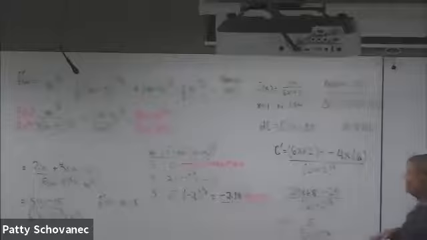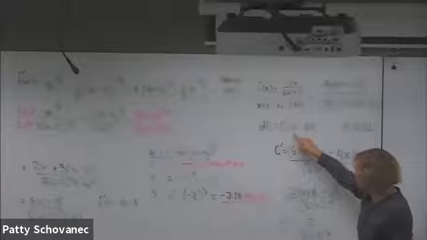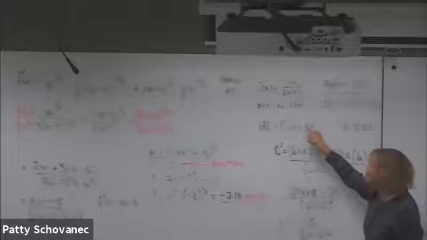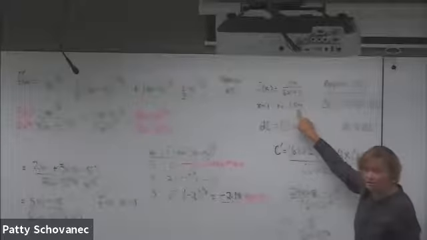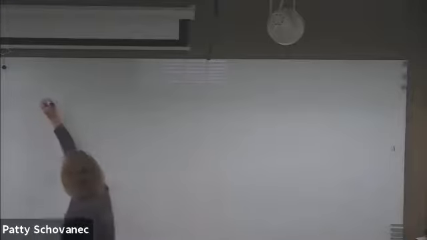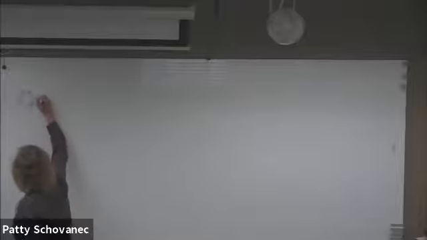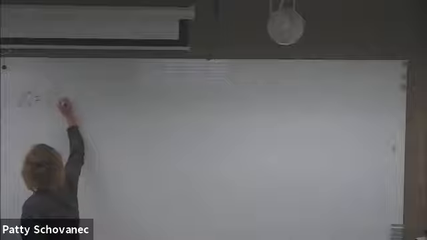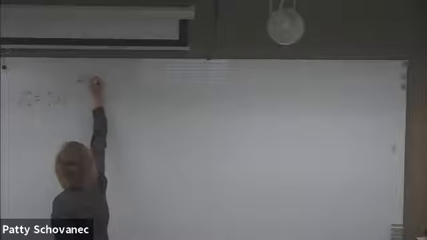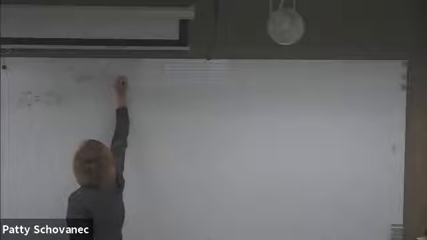So our differential in C is going to be that thing evaluated at 1 times the change in x. Our change in x is 0.04. So the differential in C is C prime at 1 times our delta x, which is 1.04 minus 1.